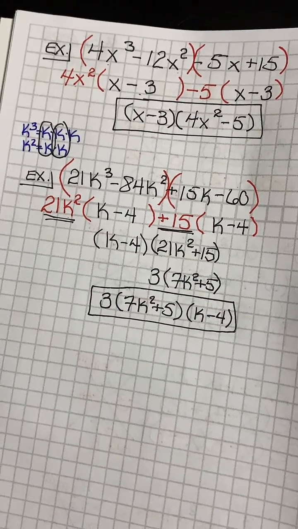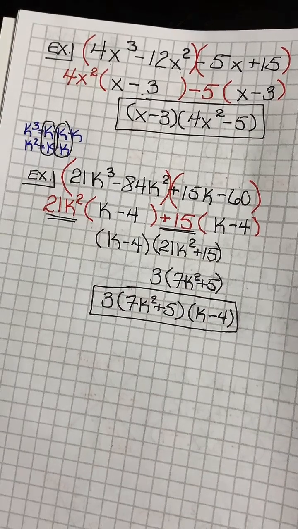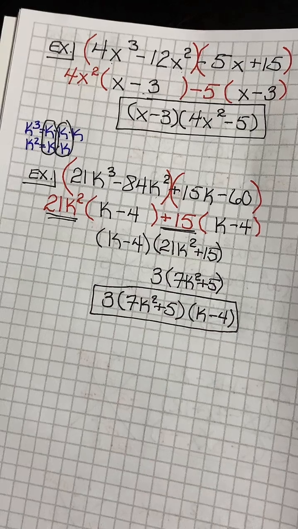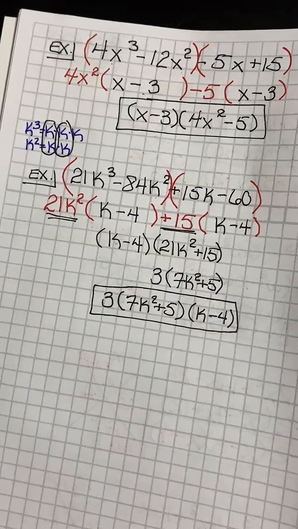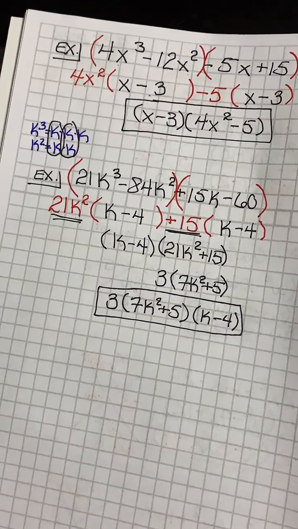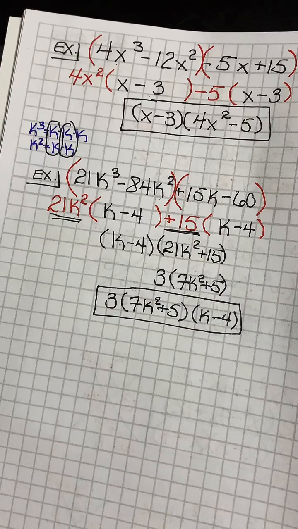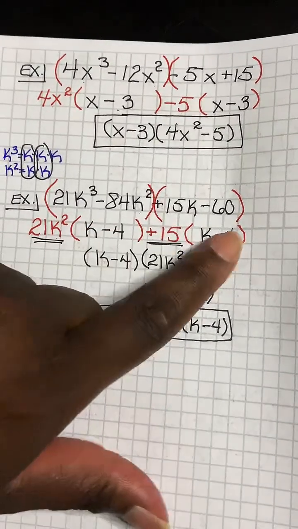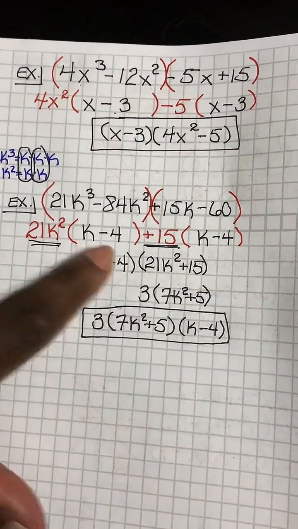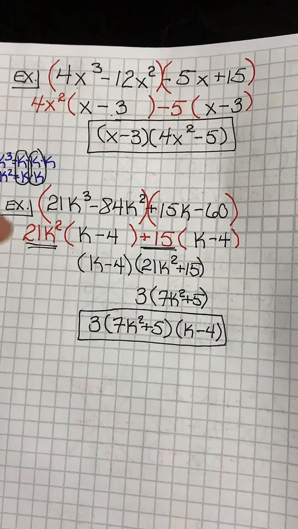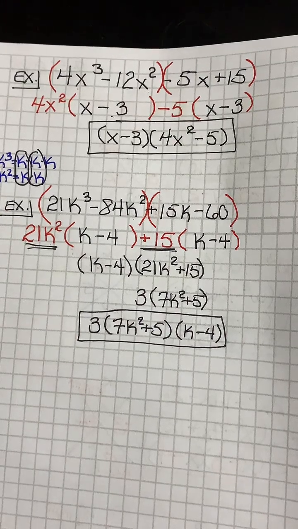We got 4 terms. Last time we were just factoring completely. With the grouping, yes, we could factor out our 3 first, because 3 was with all of them, and then do our grouping and have your trifling friend on the outside.